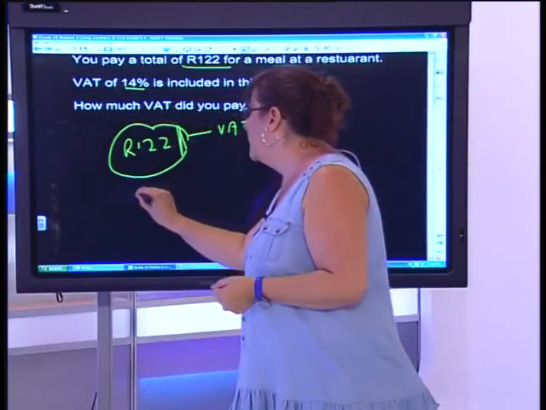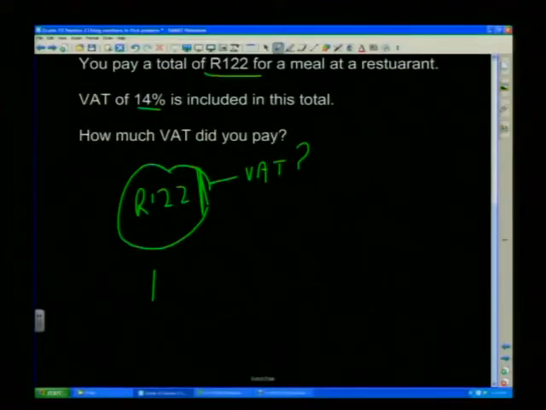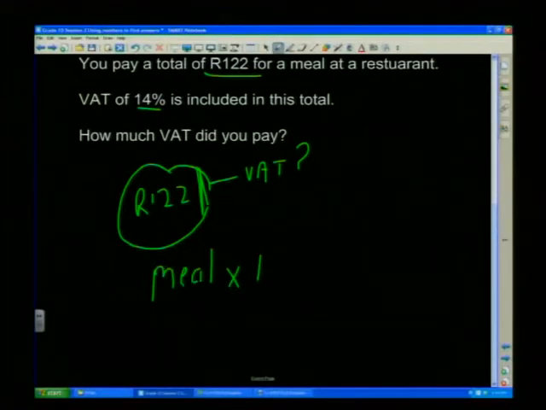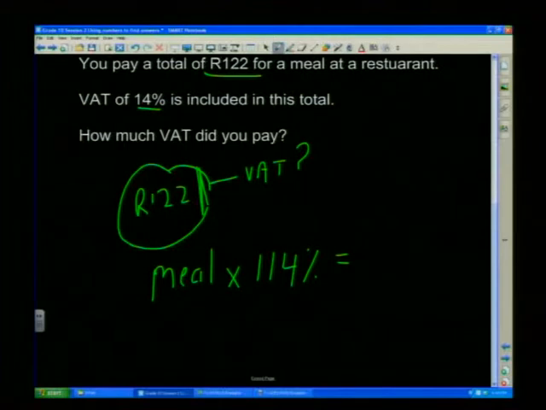So the way we do this is, we say we had our meal, we added the VAT, which was in this case adding 114%, and that gave me a total of 122 Rand. So my meal plus my VAT was 122 Rand.